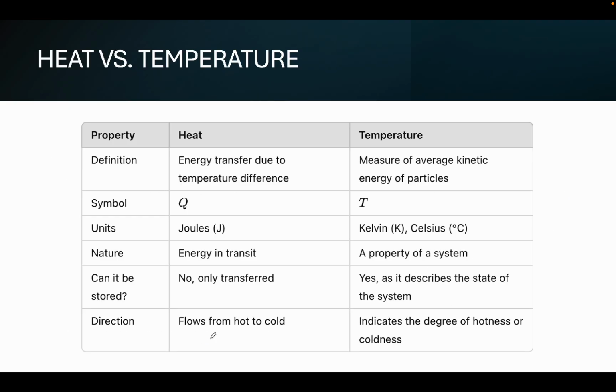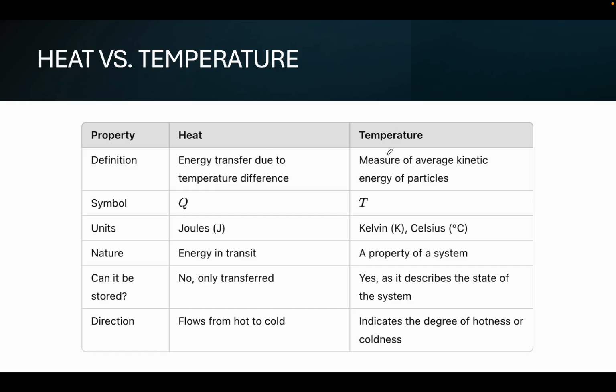Okay, now here, what is the difference between heat and temperature? There are instances where we ask what exactly is the difference between heat and temperature. When we say heat, it is the energy transfer due to the temperature difference.